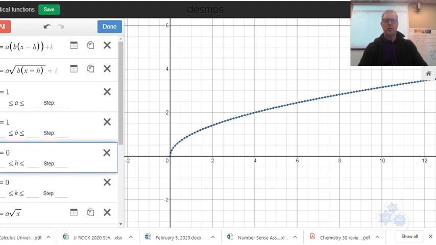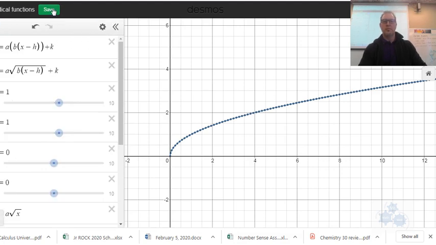I'll move this h up there. I've got this dotted, and here's the y equals x line. So this is the graph that we just saw.